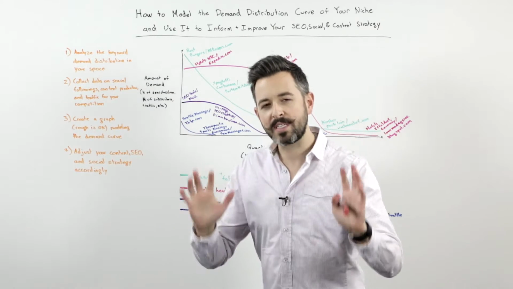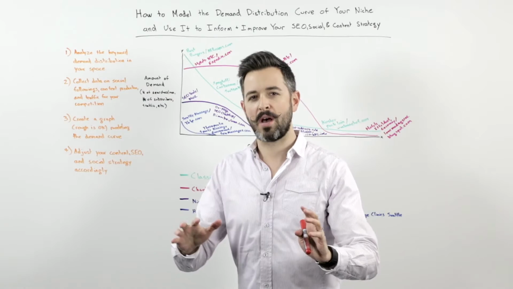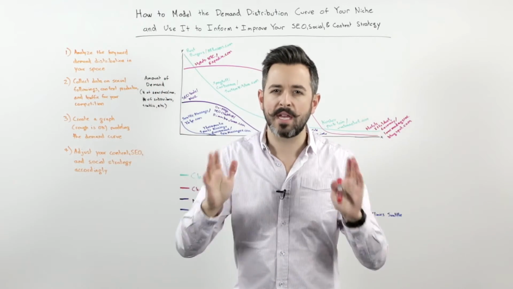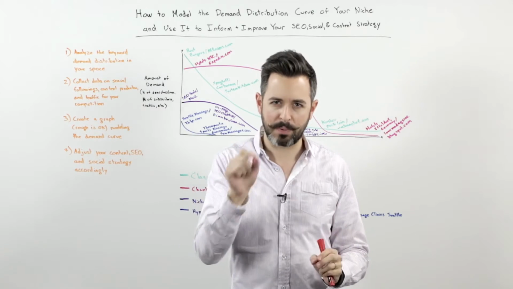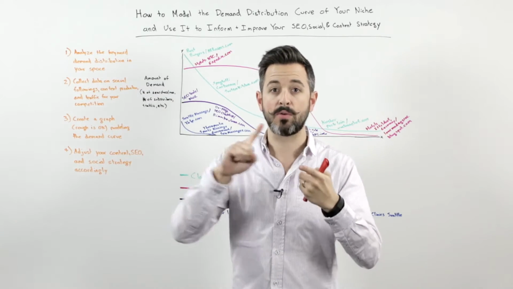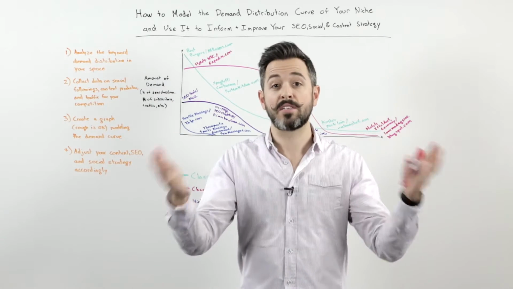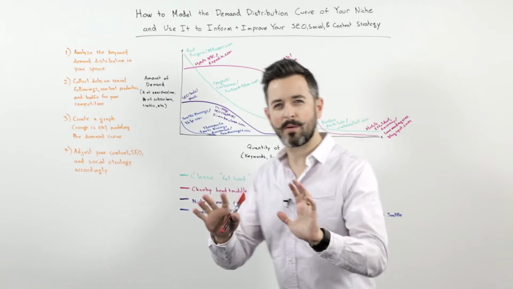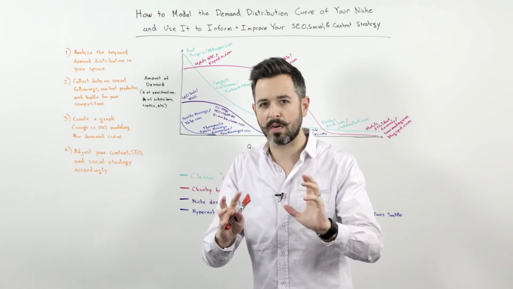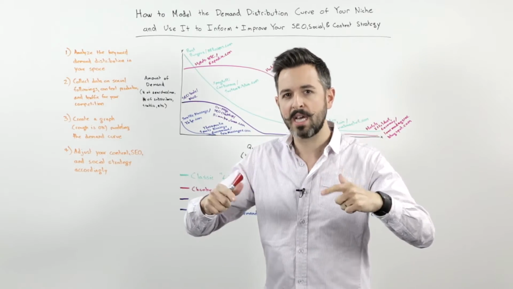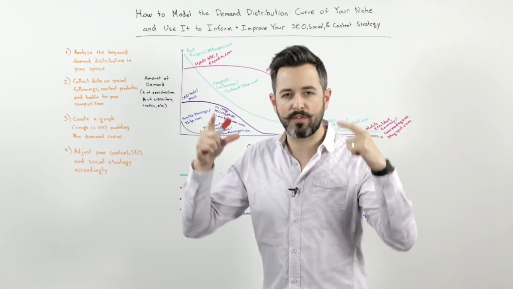Let's kick off 2016 with a little bit of discussion about something higher level, and that is the demand distribution curve of your particular niche when it comes to content, social media, and SEO, that is search demand for keywords. What I think we can do here, and what I've seen in the past, is that folks who understand their distribution of demand, right?